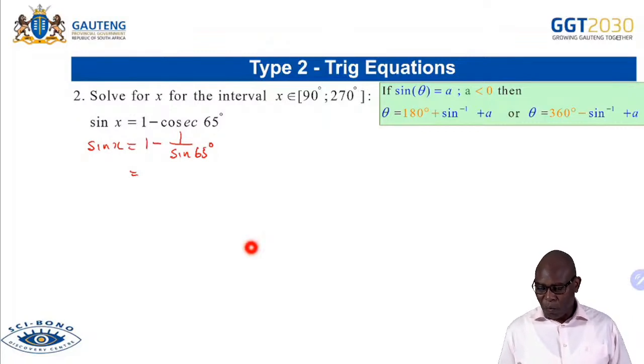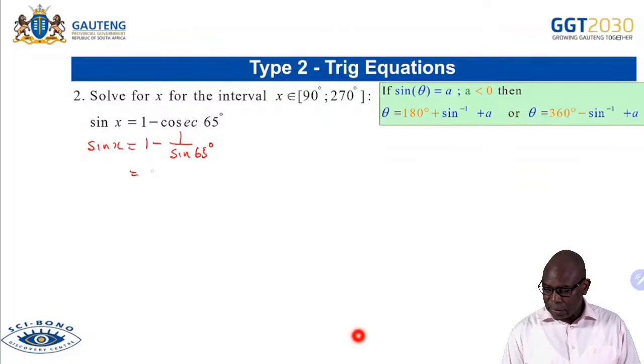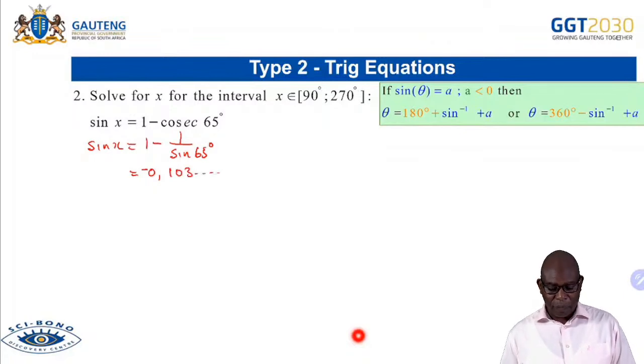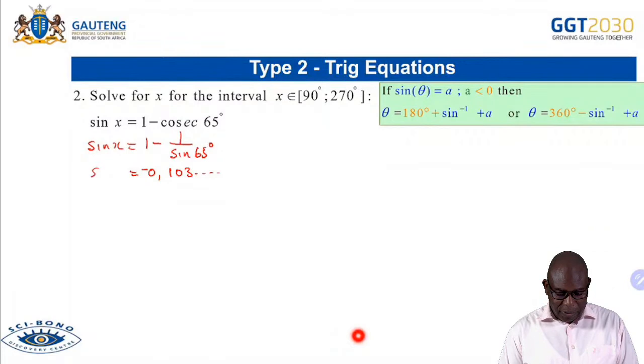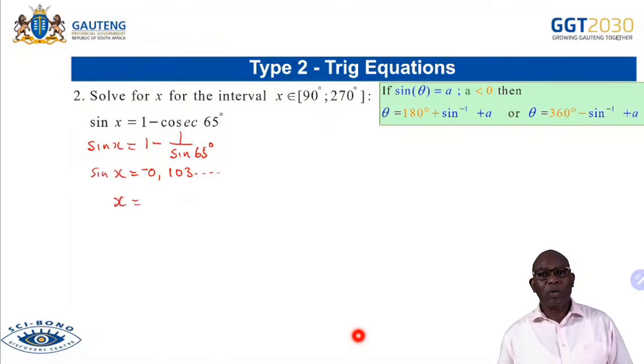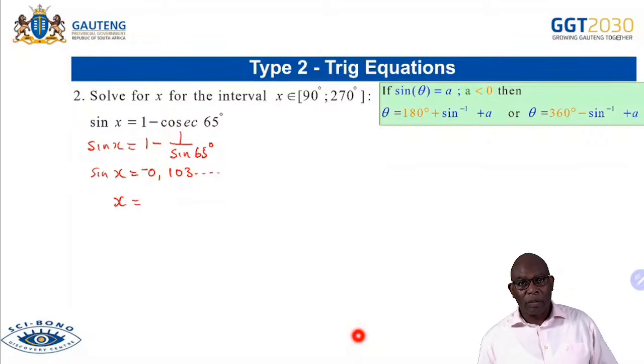So if I say 1 minus 1 over sine of 65 on my calculator, I get negative 0,103 and other numbers. Okay? So this is the sine of x. So my x value will be, I don't use a negative when I press shift sine.